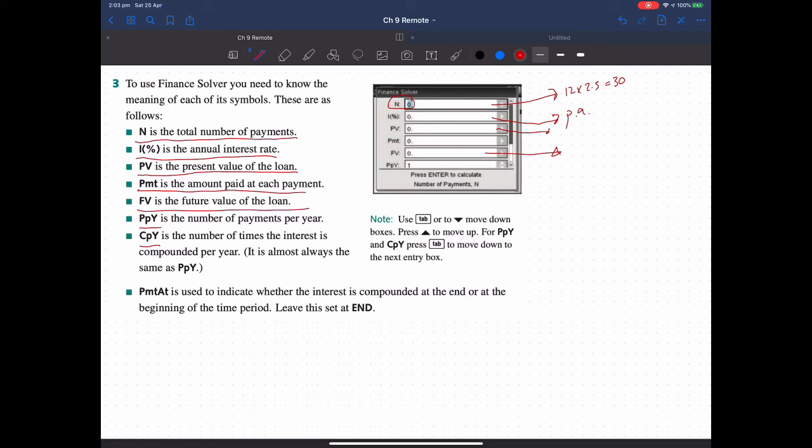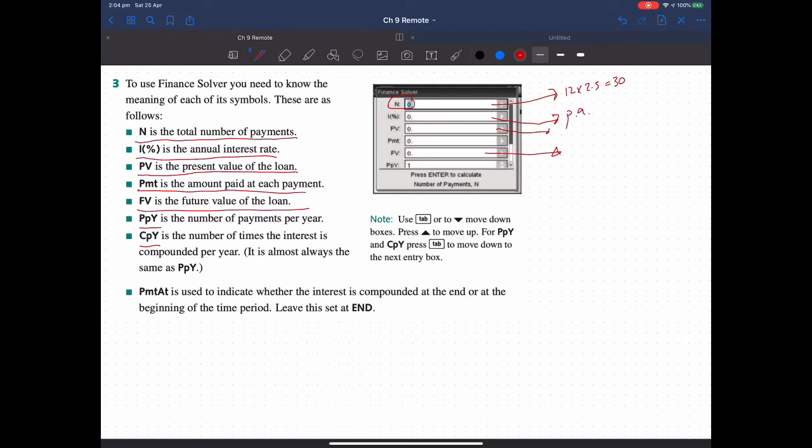So if you were having compound interest adjusted monthly, in there you would put the number 12. If it was annually, it would stay as the number 1. If it was quarterly, there's 4 payments, so you'd put in the number 4. For what we do, PPY and CPY are the same number.